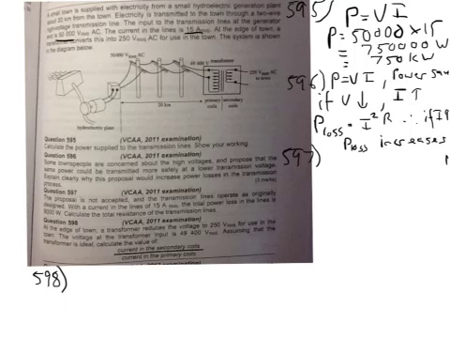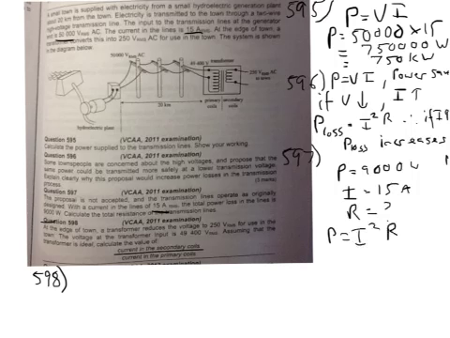So the total power loss in the lines is given as 9,000 watts over here, and we're still transmitting at 15 amps. So we need to calculate the resistance of our transmission line. So we know that P equals 9,000, I equals 15 amps. Make sure we have our units correct, and we want to find R. So we're going to use P equals I squared R. Substituting our values in and rearranging, we're going to get the resistance is equal to the 9,000 watts divided by the 15 squared.